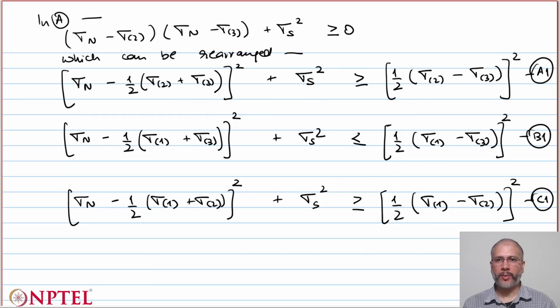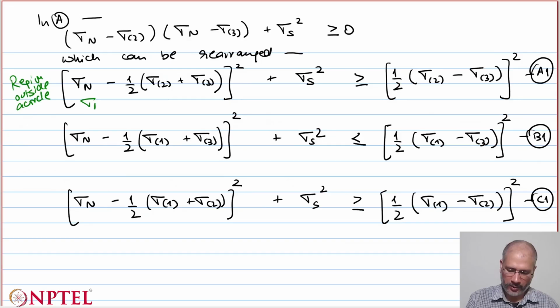Now we can see that equation A1 looks like the equation of a circle. Rather, it is a region which is outside a circle. So in the stress plane with the x-axis along sigma n and the y-axis along sigma s, this is sigma n minus sigma naught squared, this is sigma s minus 0 squared, and this is some r squared.